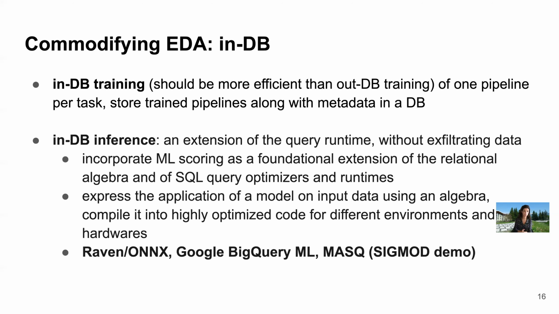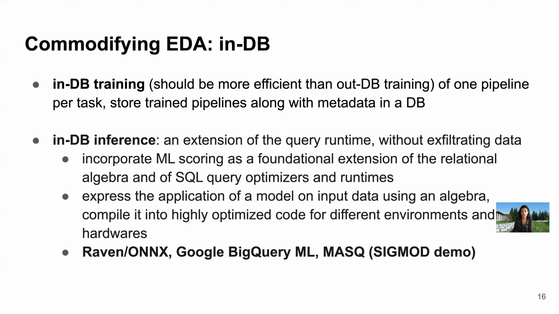The other option is to use a database. So one could use the database to pre-train the models. For instance, pre-train EDA models per task, store the trained models inside the database along with metadata, and then use the database querying to find models on demand. And then whenever a model is retrieved, inference itself could be done within the database.